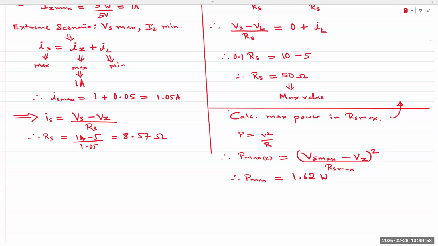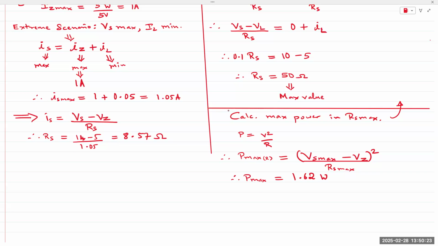If you're looking at RS within the constraints of RL, that's another scenario, right? When IL changes, we are saying IL changes from 50 to 100 milliamps. That means that RL is actually changing, right? Your load is changing, hence your IL changes. That's why there is a range for IL, 50 milliamps and 100 milliamps.